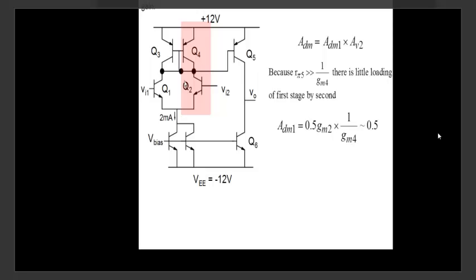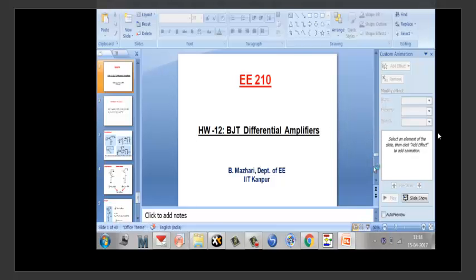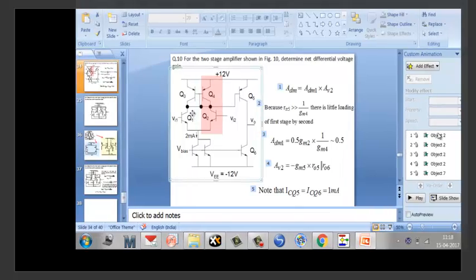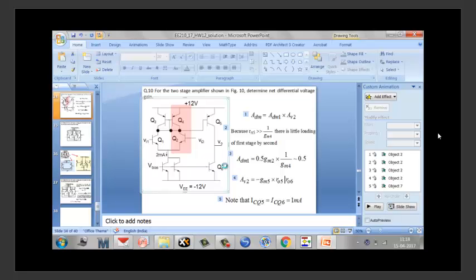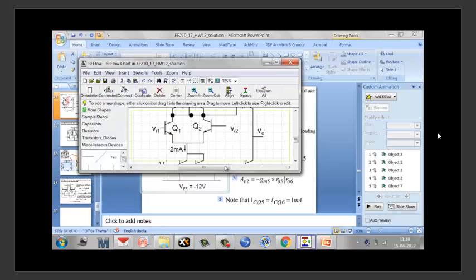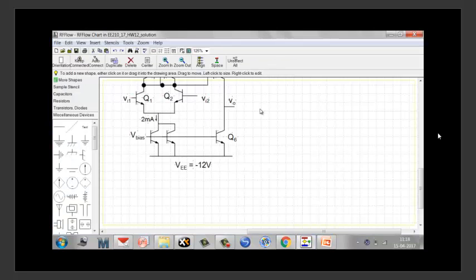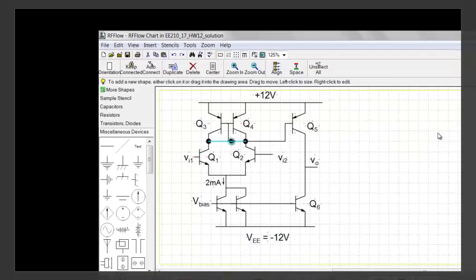Okay? Let me modify it. What was intended. So let's modify this. All right. So this circuit is supposed to be, and what happens is, I need more space here. The two bases are also not connected.